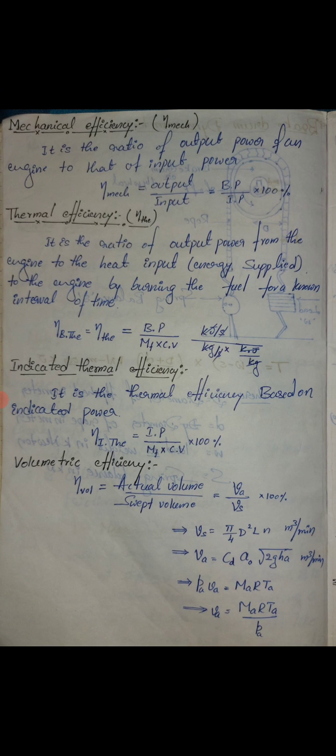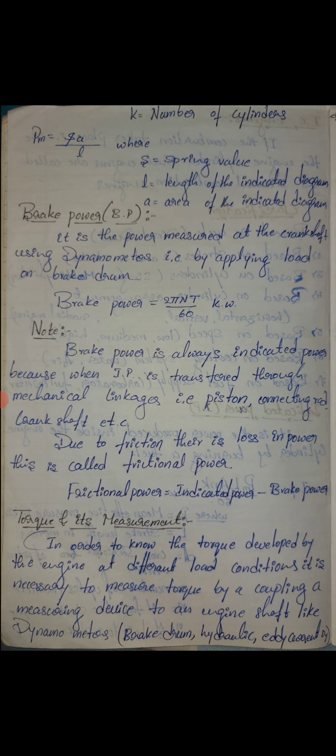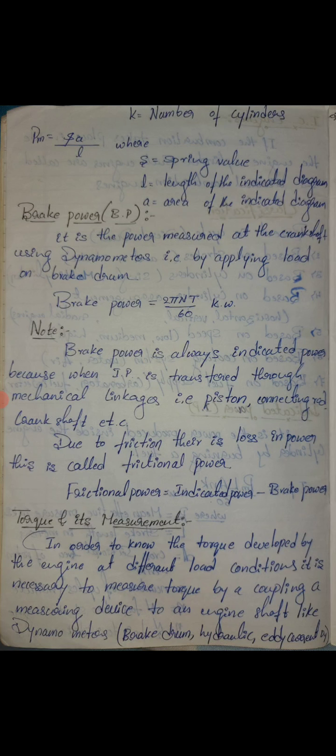Small n will be different for different engines, whether it is a 2-stroke or a 4-stroke. For a 2-stroke engine, small n is equal to capital N. Whereas for 4-stroke engines, small n is equal to capital N by 2. I have explained this already while explaining indicated power, I think.